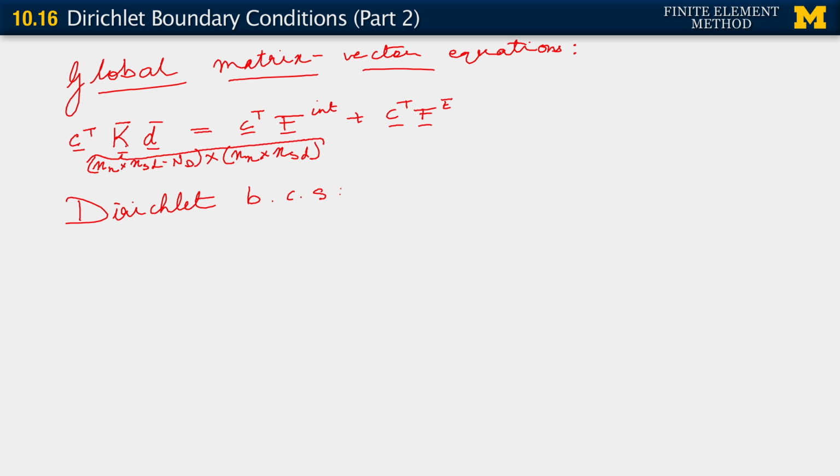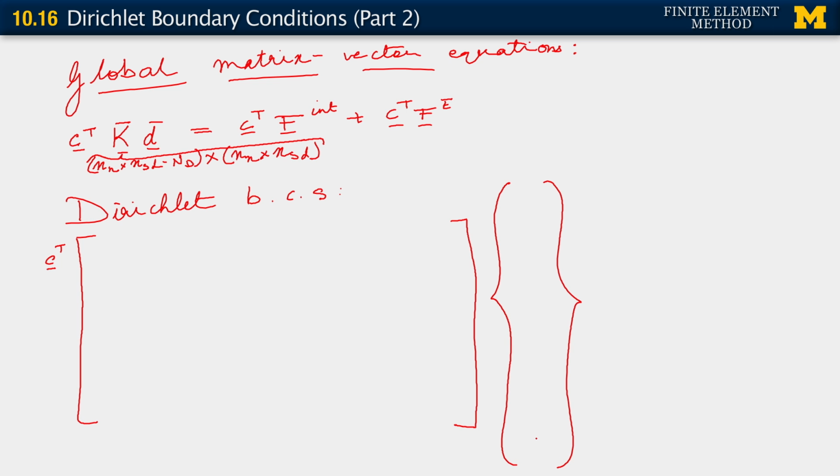So these are the dimensions of our K bar matrix. Clearly K bar is a rectangular matrix. And what we need to account for is the fact that when we look at the C transpose vector here, multiplying K bar, and here we have our global D bar vector.